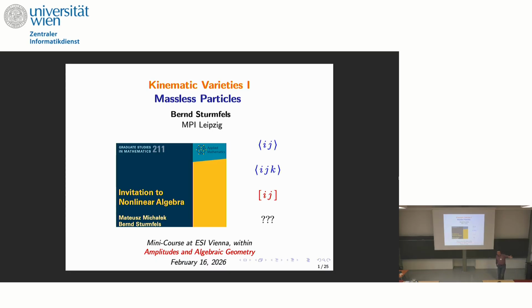And a variety, just like Sandra, generally walks into the room. The first question we would ask this variety is, what is your dimension? How many degrees of freedom do you have? And the second question we might ask is, what is your degree? How curvy are you? But then we're also very interested in the polynomials that describe this variety. So this will be a recurring theme in these lectures.